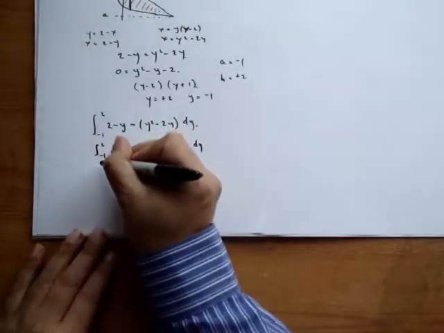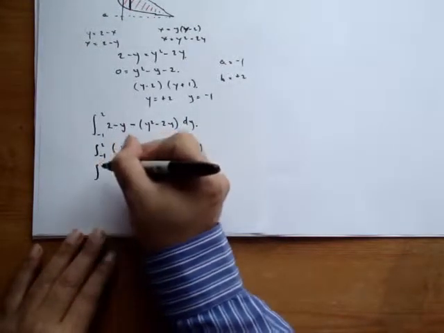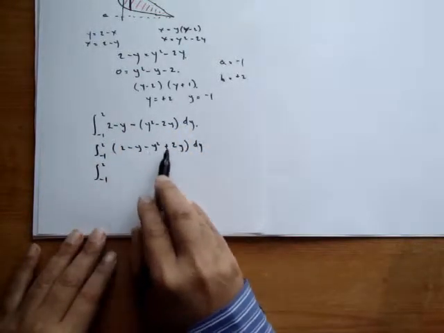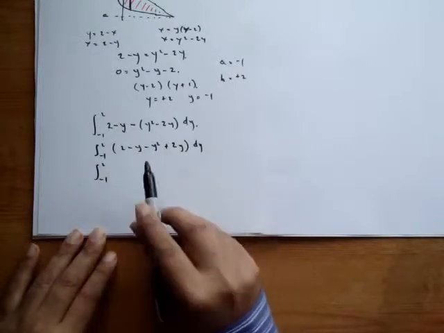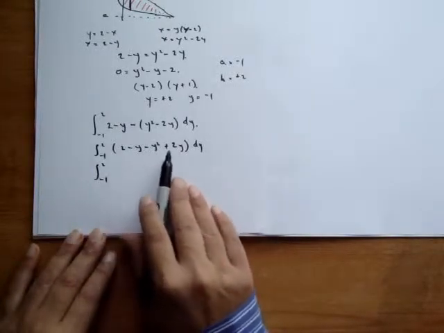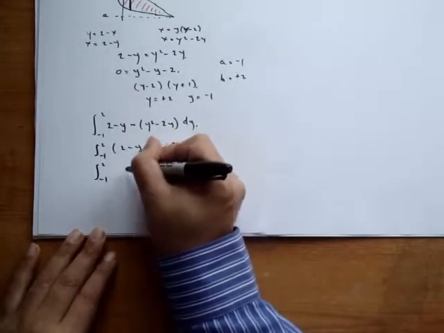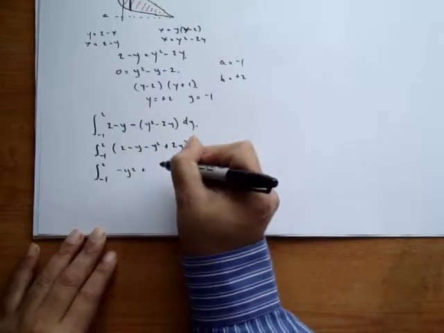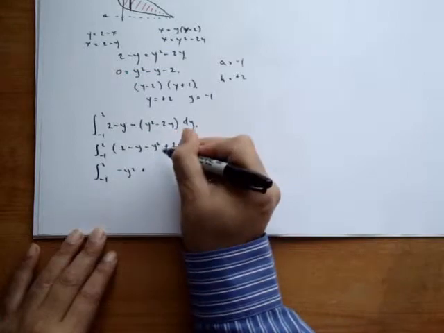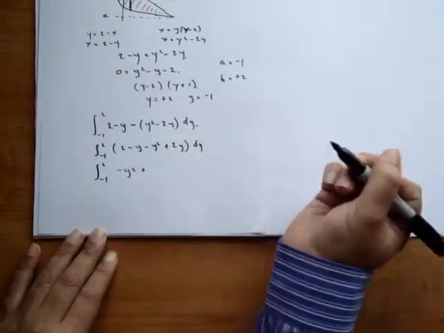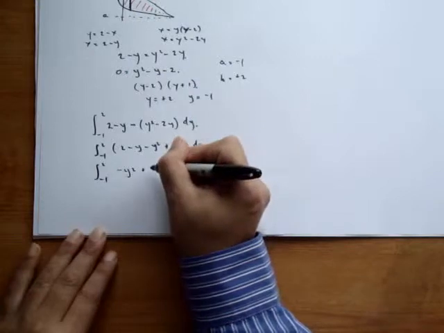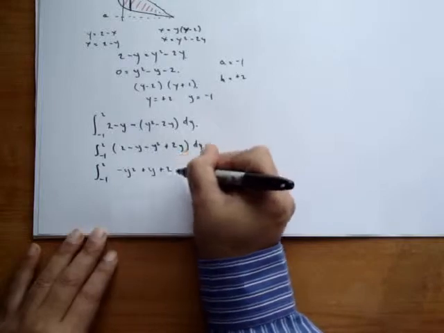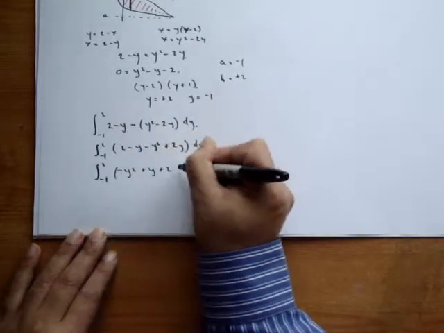When we tidy this up, this becomes the integral from minus 1 to 2, so minus y plus 2y, we're just left with y, and then just tidying up, we get minus y squared plus y plus the 2, and that would be dy.